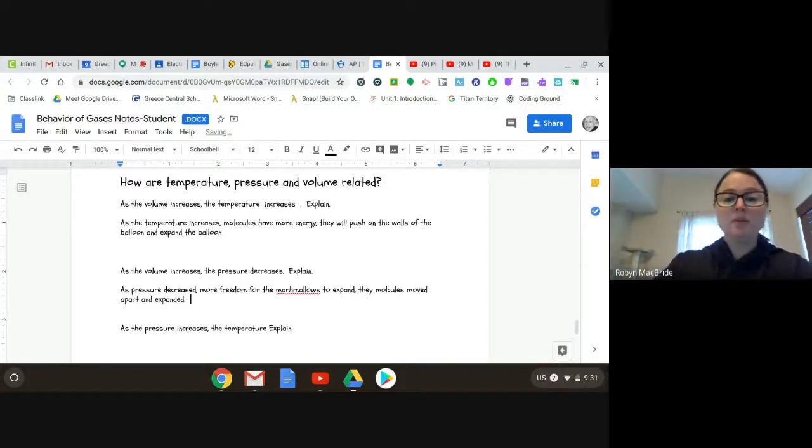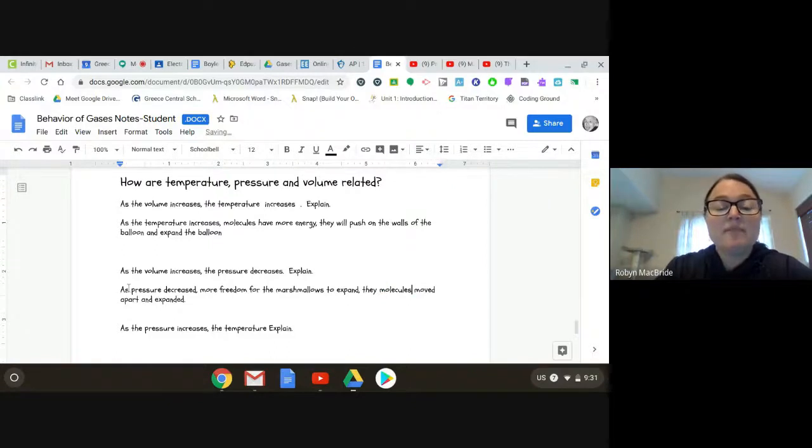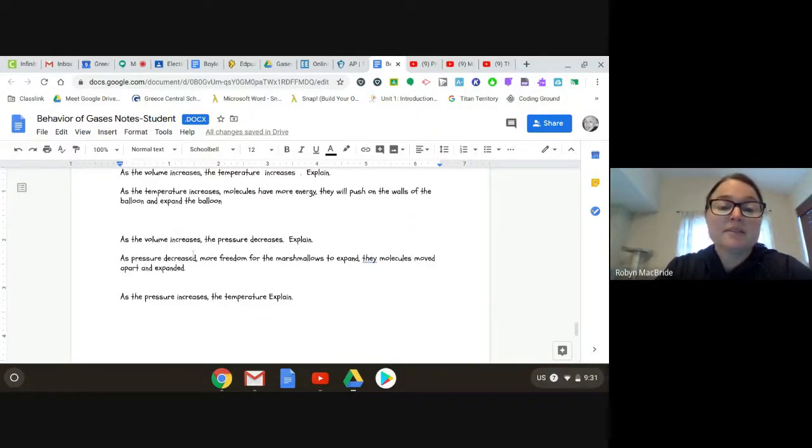Think about you personally. When your parents decrease the pressure on you, you're more likely to move around more. So again, when the pressure decreases, the volume increases.